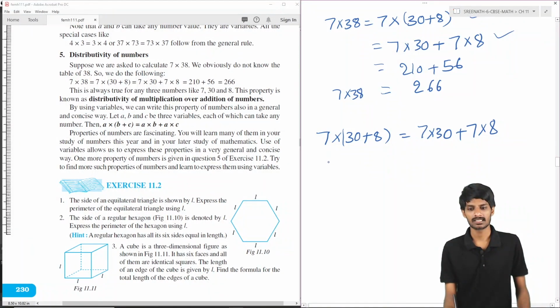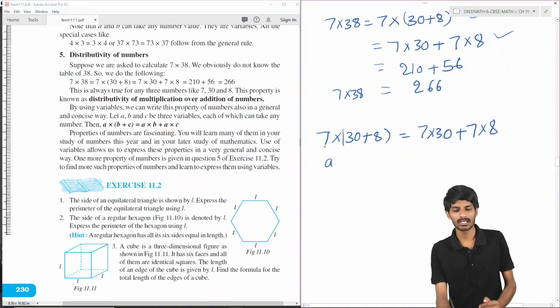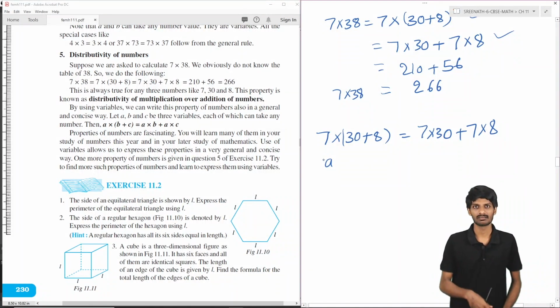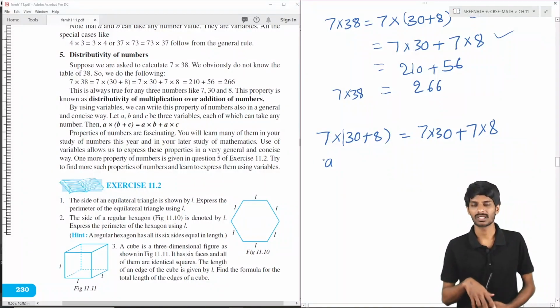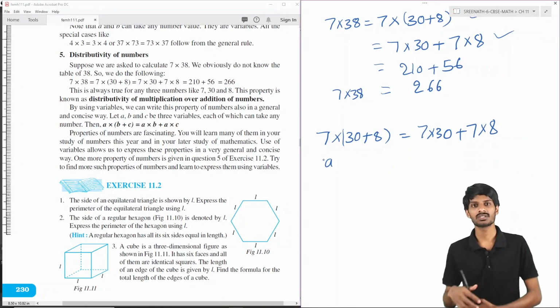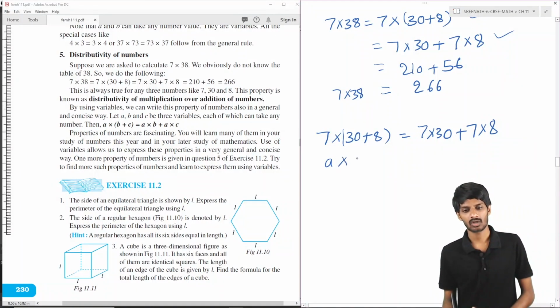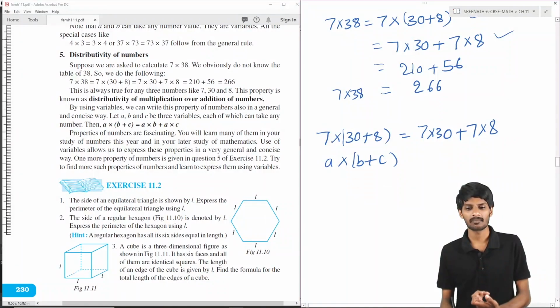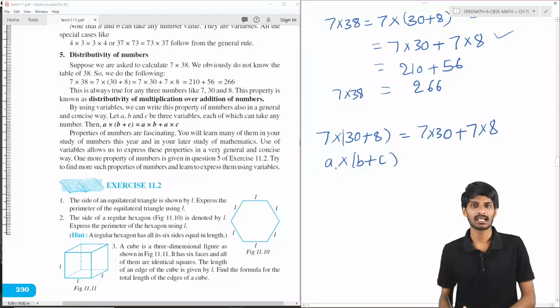If we can replace these numbers with letters, that is a cross b plus c, we are keeping the operations the same, but just replacing the numbers with letters.